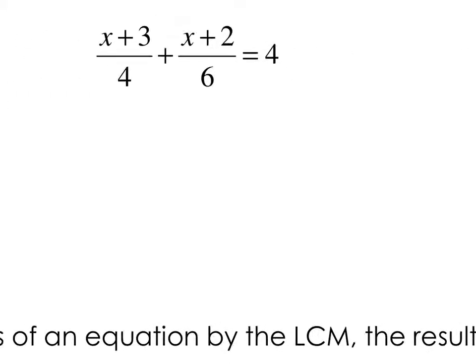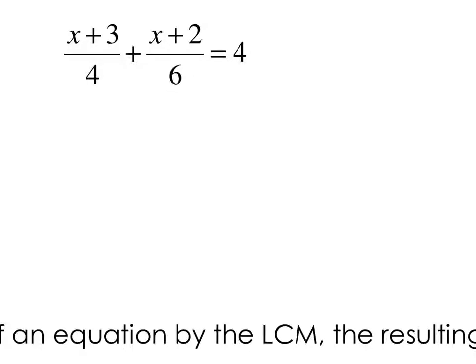Let's look at this one. What is the least common multiple of 4 and 6? Can you just identify it? Is it 12? I think it is 12. And 12 is 2 times 2 times 3, so it contains the 4 and it contains the 6.